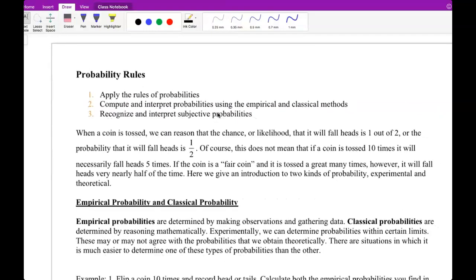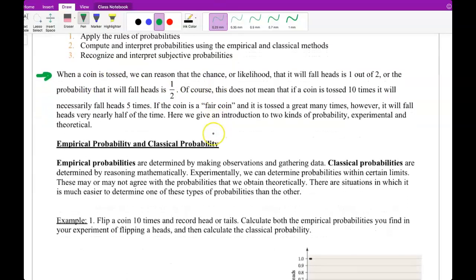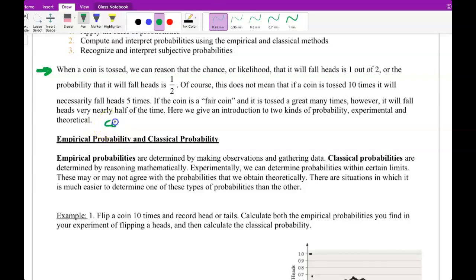Yeah, that's why we have probability rules. Here we're gonna use a coin, and using that one, any coin tossed, we have two possibilities.